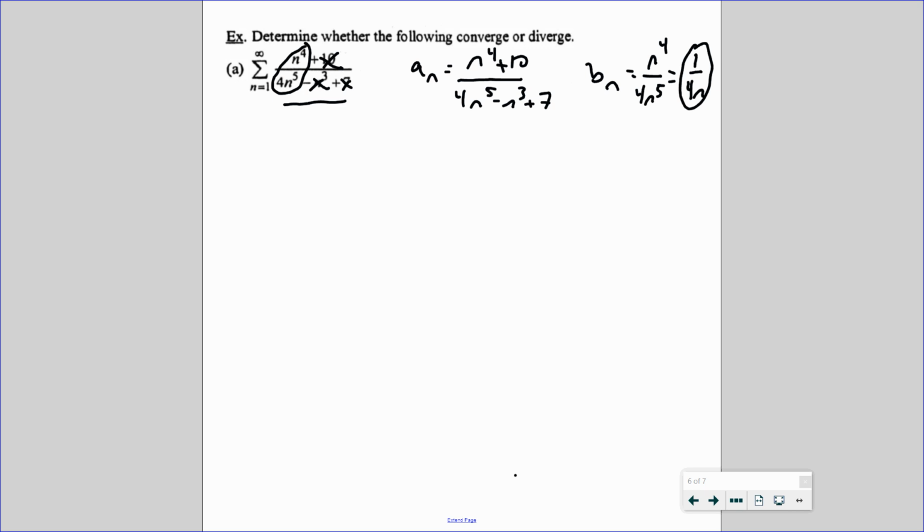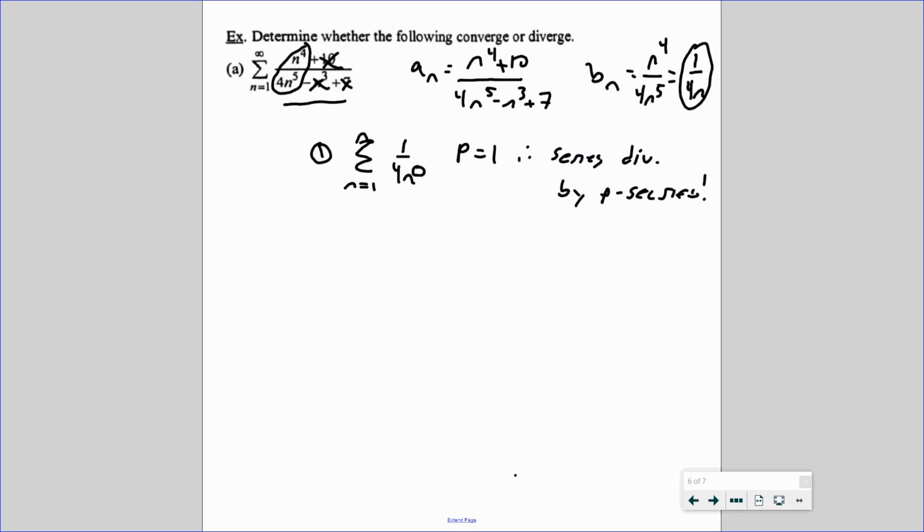So just like direct comparison, we are only going to look at our comparison, 1 over 4n. And this is a p series, where p is 1. Therefore, the series diverges by p series. So I know that my comparison diverges.